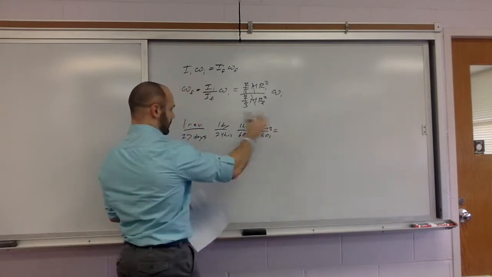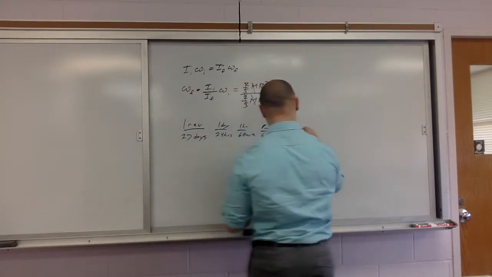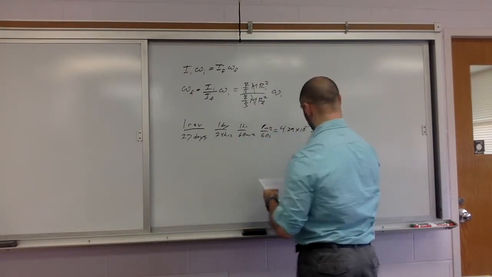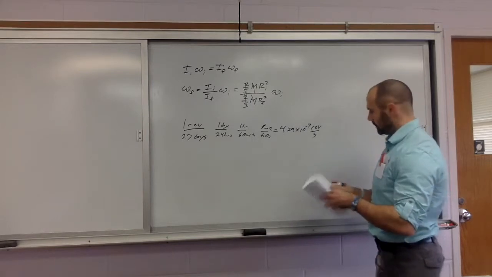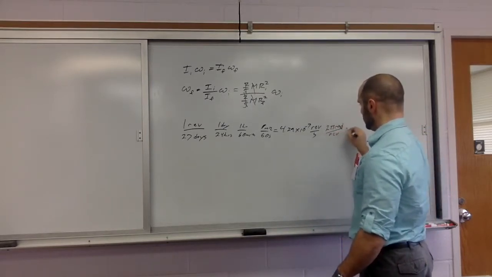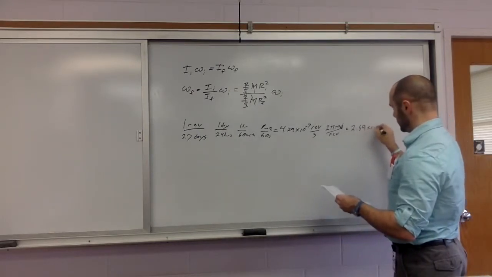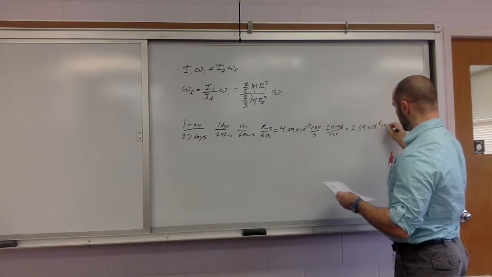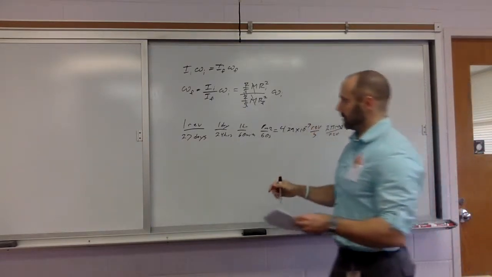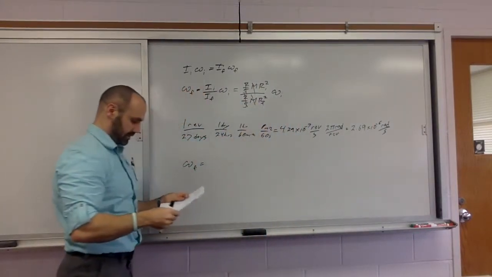And so when we do this, we end up with 4.29 times 10 to the negative 7th revolutions per second. And then I multiply this by 2 pi radians for every revolution. And I get omega to be 2.69 times 10 to the negative 6th radians per second. So that's omega. Omega I, I should say.